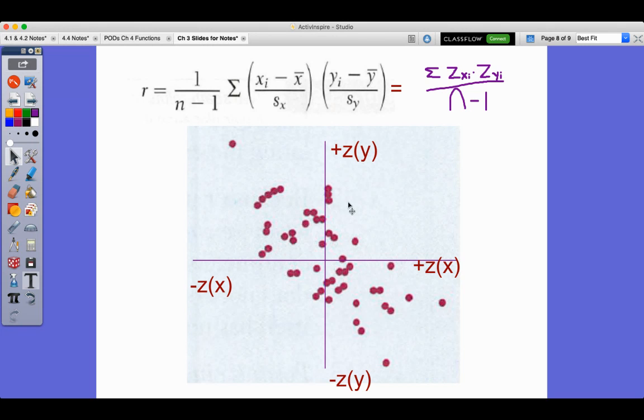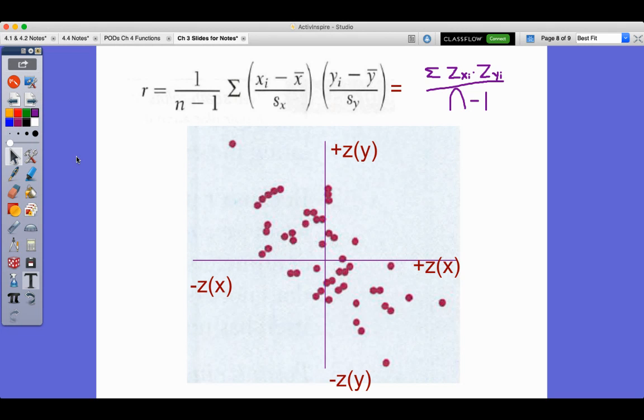So there's a few positives here and a few positives here, but they get overpowered by all of these that are negative when I add them all together and then divide by n minus 1, okay? So that's why we end up getting a negative r value when we see this downward sloping curve, okay?